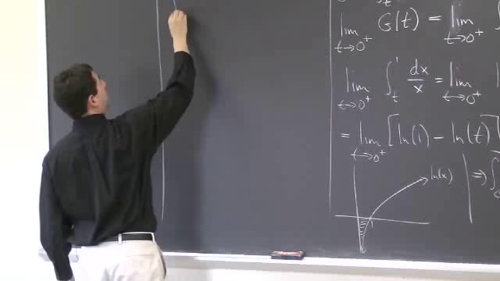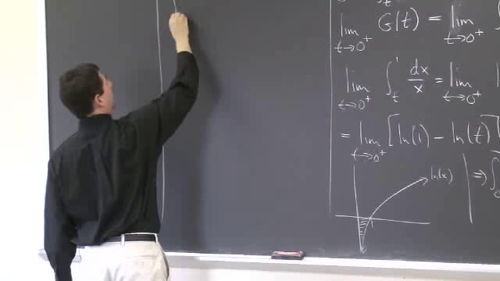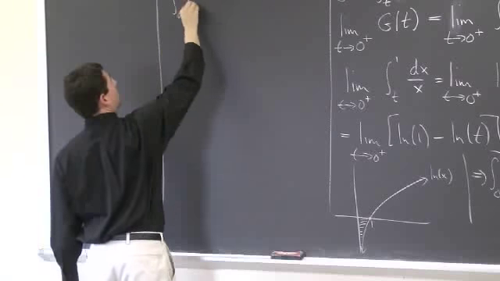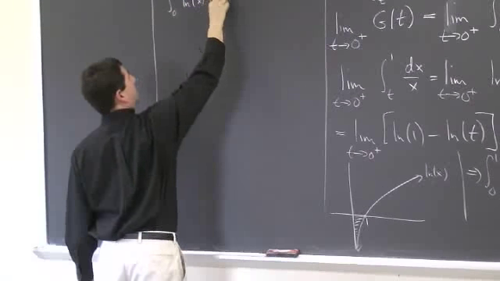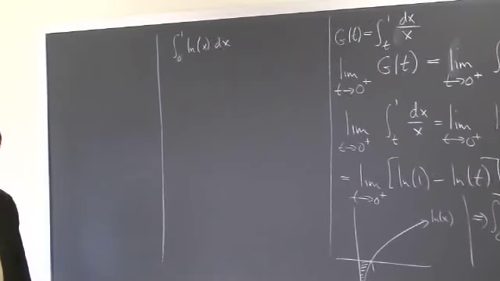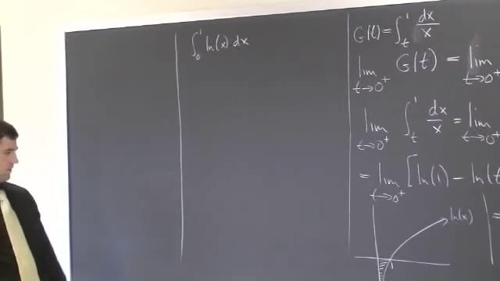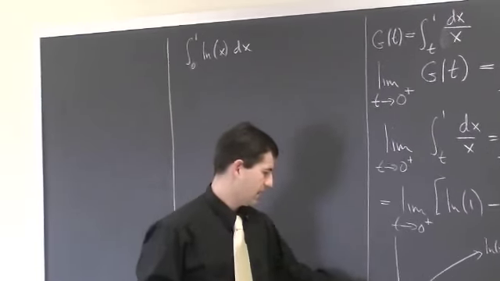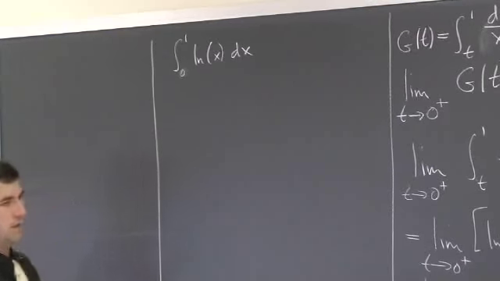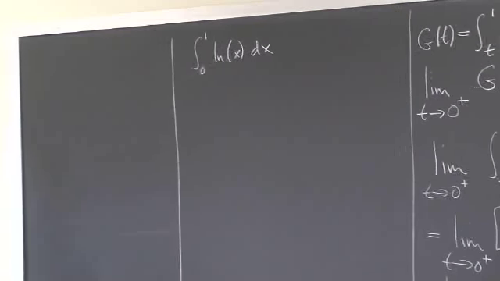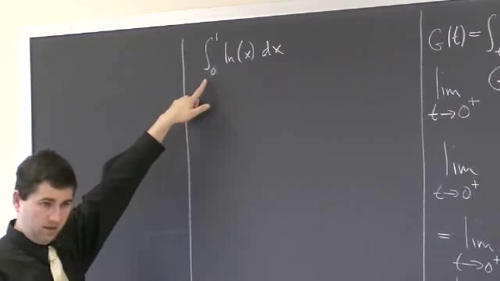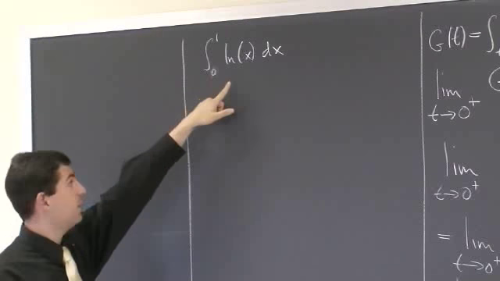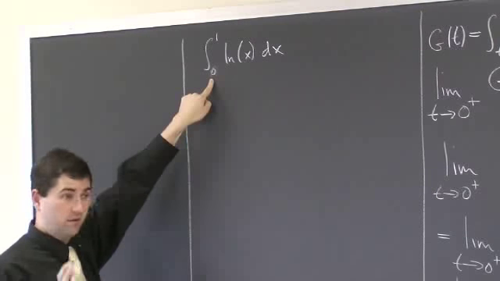So let's integrate from 0 to 1 ln of x. We're going to try to get this area. See if it's any better. Maybe it is, maybe it's not. Well, again, this doesn't make sense as a proper integral, because ln of x is not defined at 0, so it's not continuous at 0.